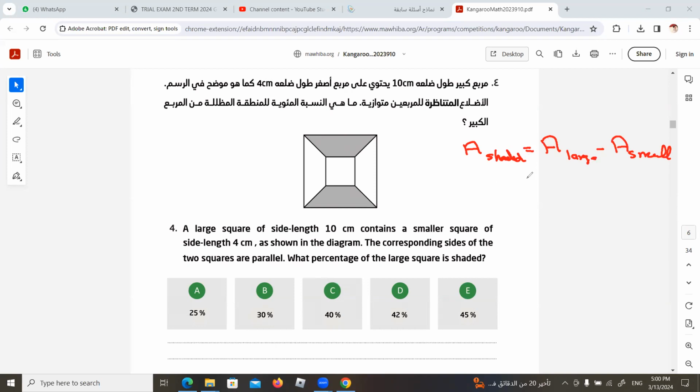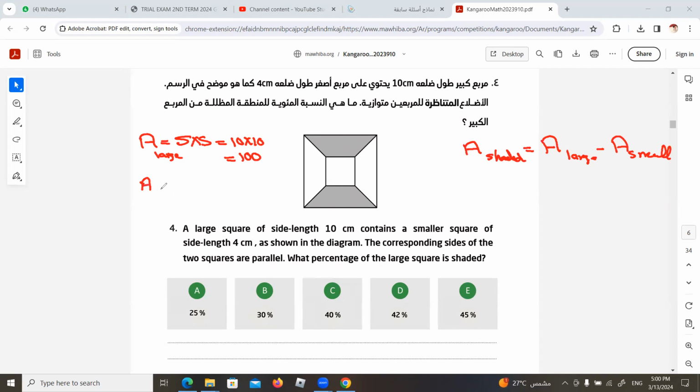First, the large square, its side length is 10. The area of the square is side times side, so 10 multiplied by 10 is equal to 100 square units.